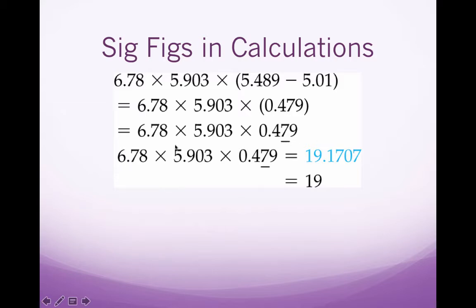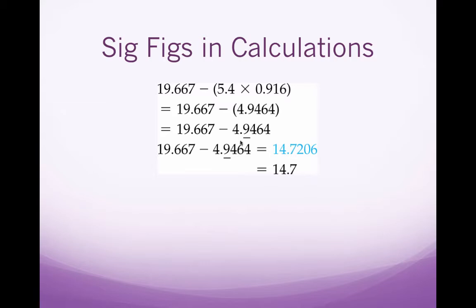So then we can multiply these numbers. We get 19.1707. Our answer should have 2 significant figures. Because we're doing multiplication and division, our answer should have the number of significant figures as our measured number with the fewest number of sig figs. So this number has 3 sig figs, this has 4, this has 2, so our answer should have 2.